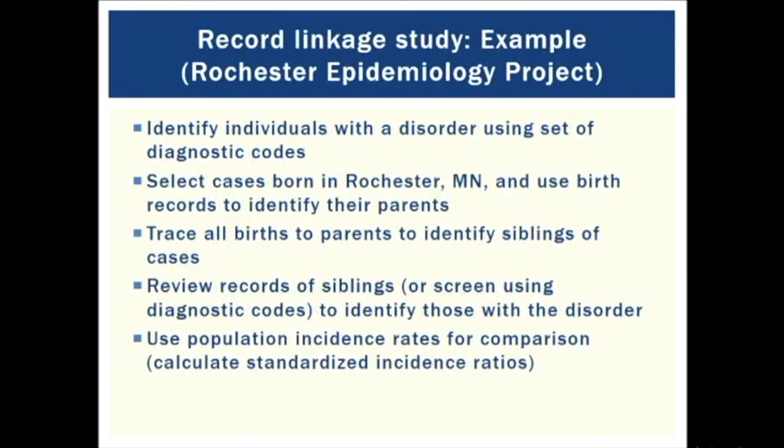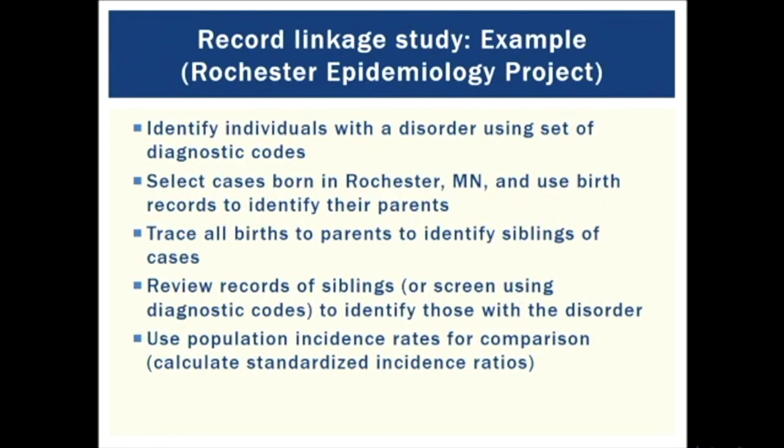An example from the Rochester Epidemiology Project, I've laid out the steps here so you can have a better idea. Imagine that you could identify individuals who have a disorder by screening the medical record linkage system using a set of diagnostic codes.